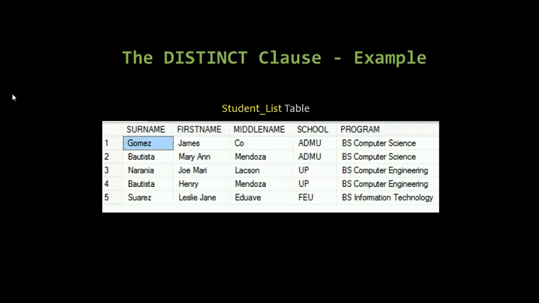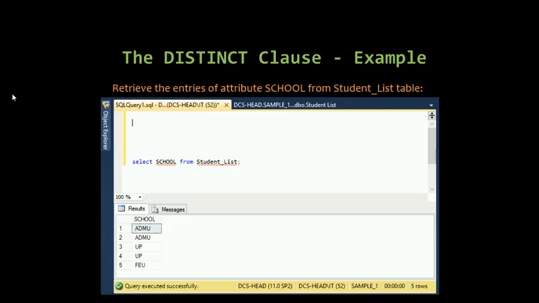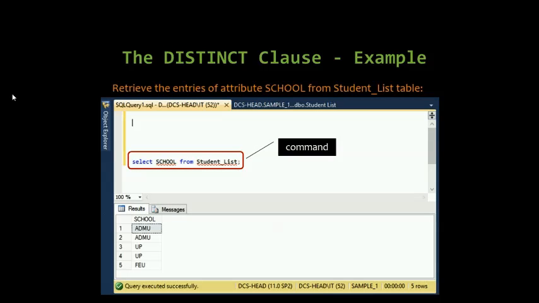For our example, let us use the student list table with attributes surname, first name, middle name, school, and program. The scenario is to retrieve the entries of attribute school from student list table. First, we will look at the select command without the distinct clause. The command goes like this: select school from student list.